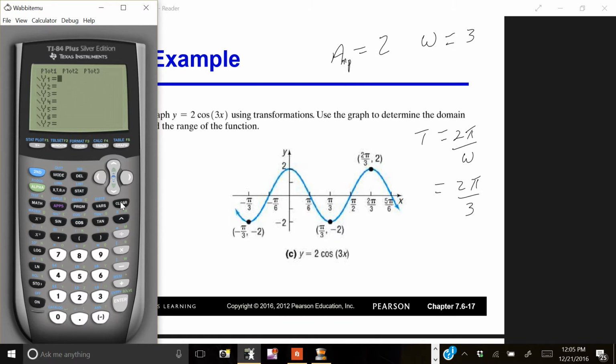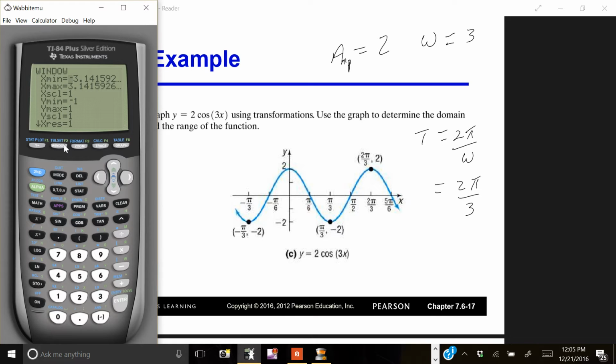Y equals 2 cosine of 3x. And the key thing is putting the window in.